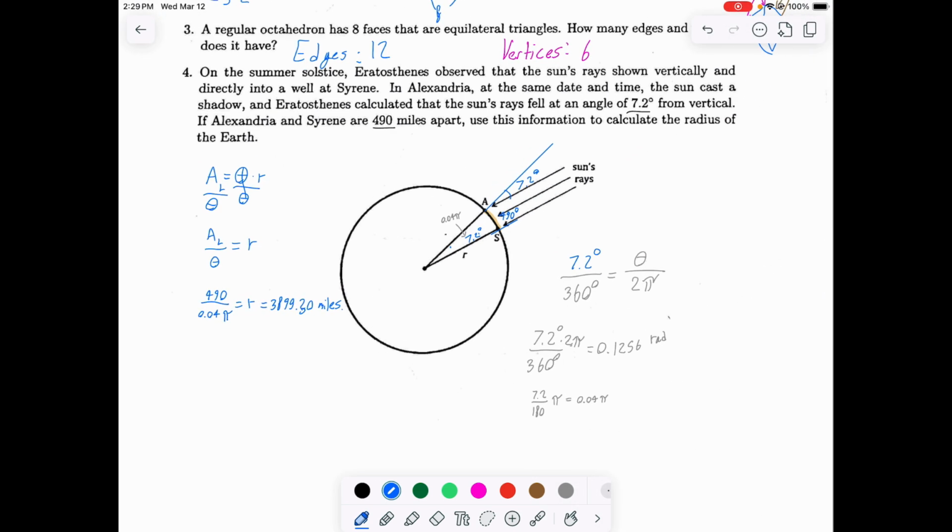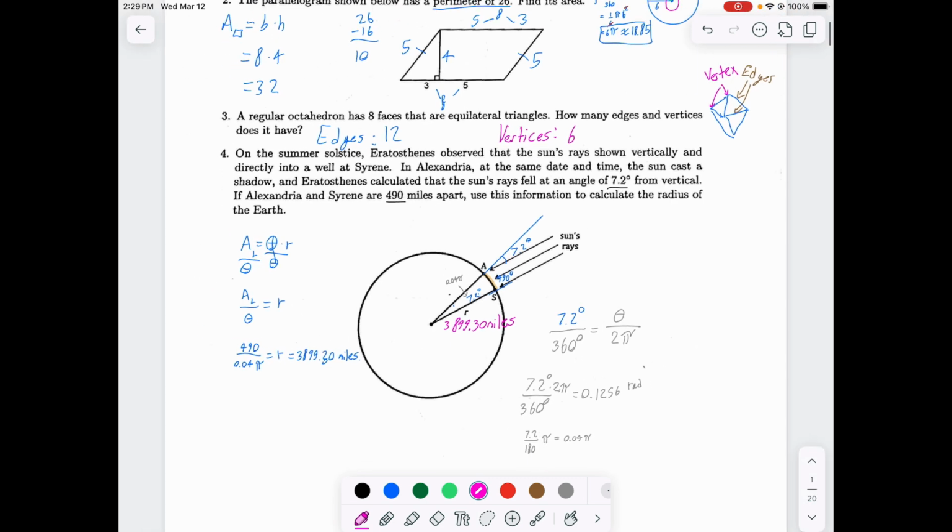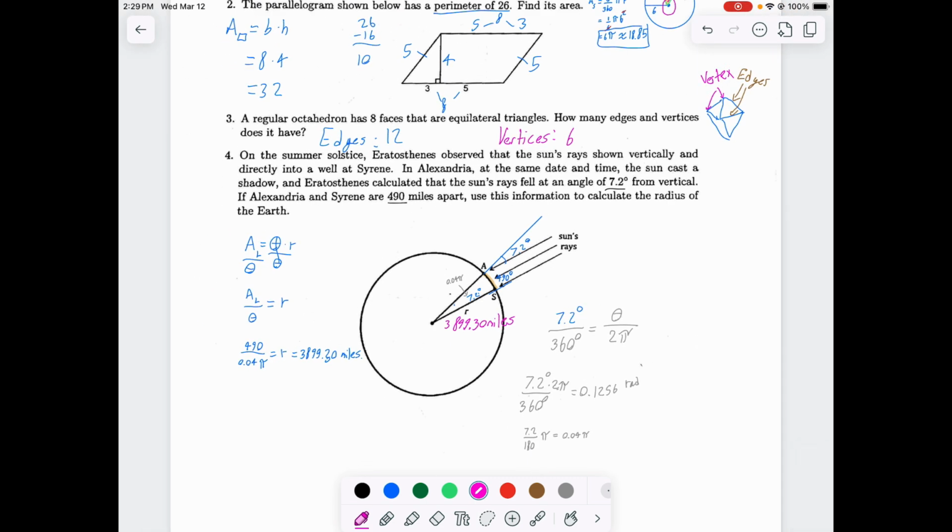The radius of the Earth, I'm going to write it in a slightly bold color, is 3899.30 miles. That is a pretty big radius. All right. We'll go on to the next one in just a moment.